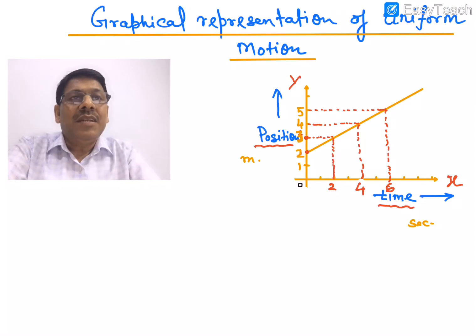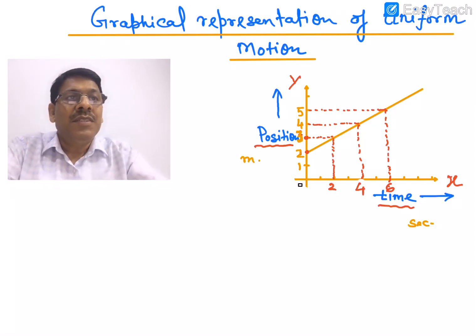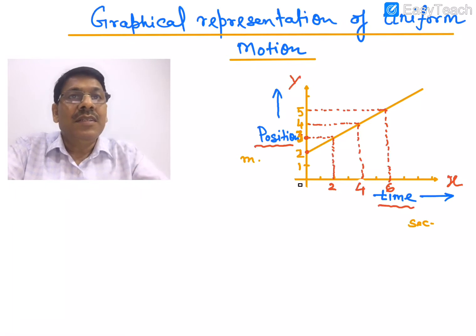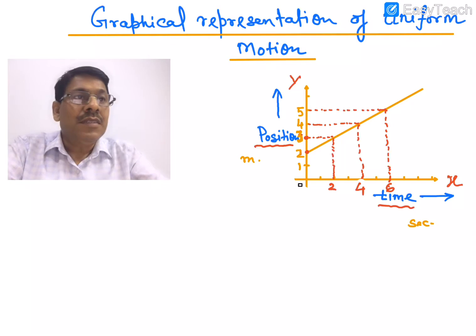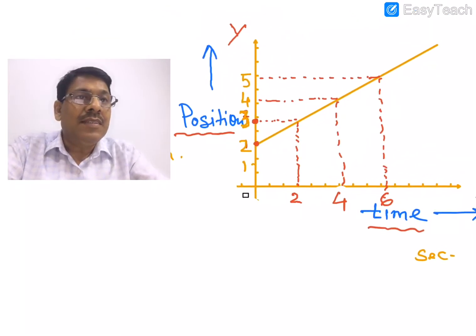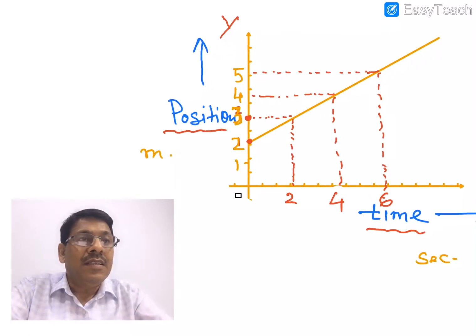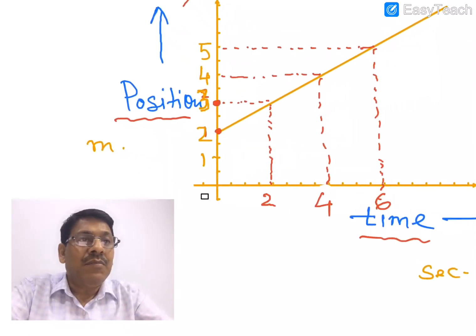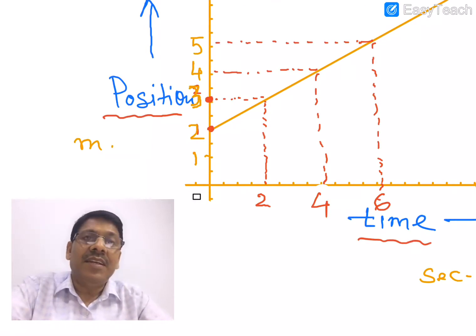We can graphically represent the uniform motion. Let us see this graph. That is the graph between position and time. Here you see the time in seconds and position in meters.